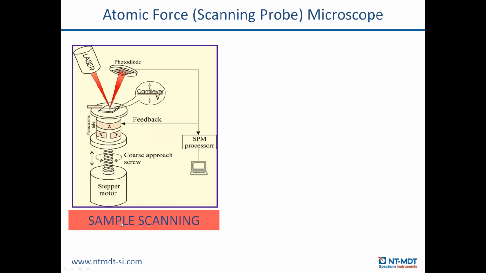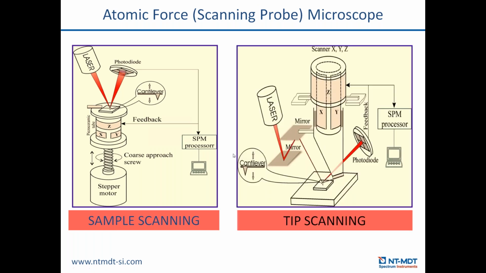This scheme is called sample scanning, but in my presentation, most of the examples will be done with the so-called tip scanning scheme. The idea is the same. The only thing is that in this case, the tip is connected to the XYZ positioner. From the point of view of tip-sample interaction and the properties we can probe with this scheme, it's absolutely the same. Just not to confuse you.